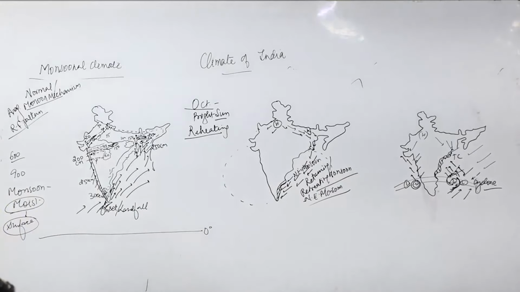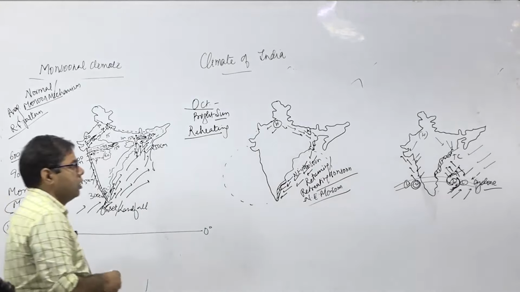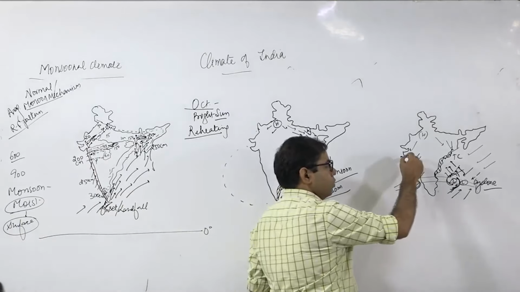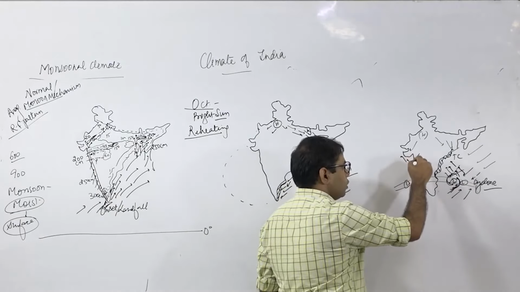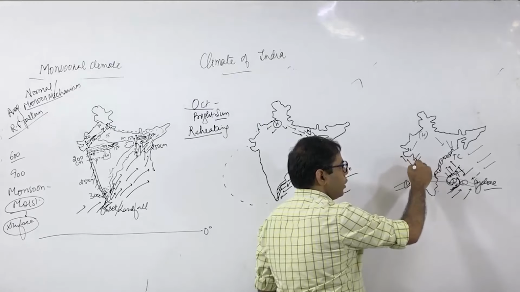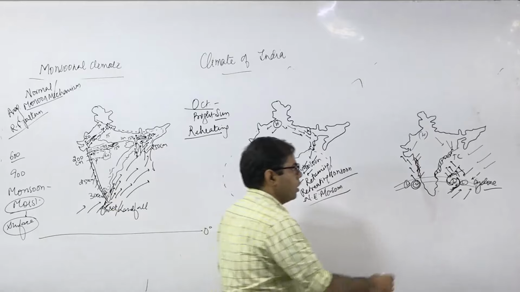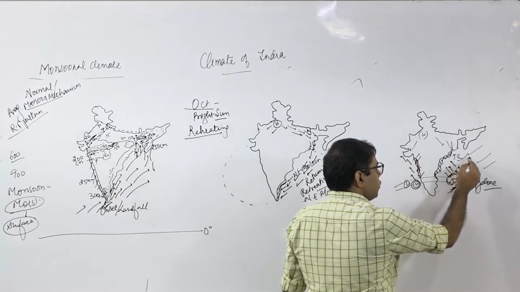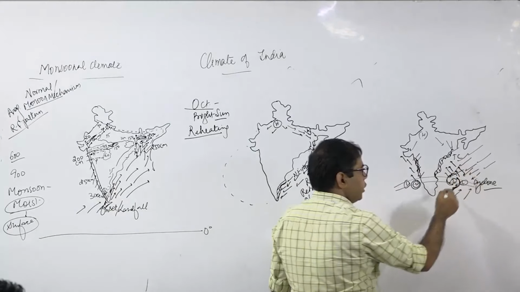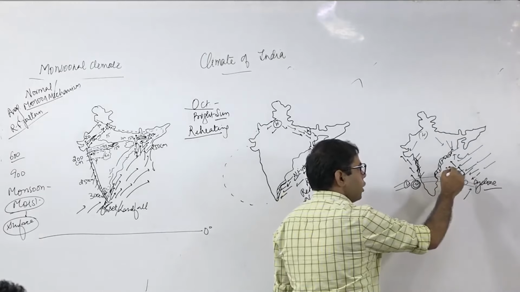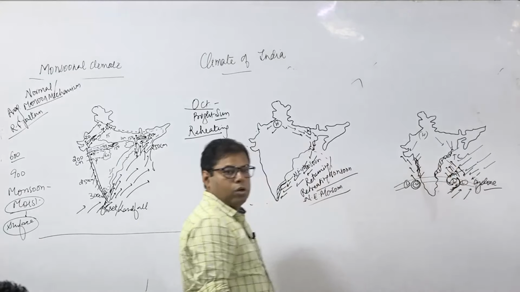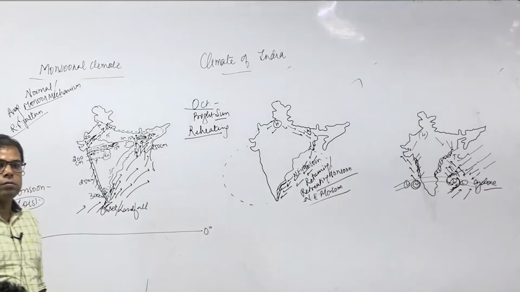So the Malabar and Konkan coasts are not affected by tropical cyclones, but here the wind coming from the northeast direction pushes the cyclones towards India, the east coast of India.